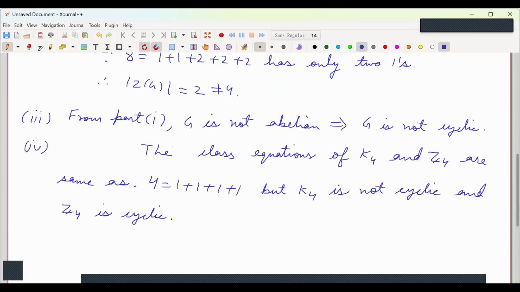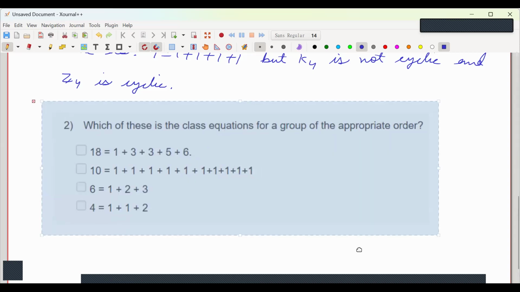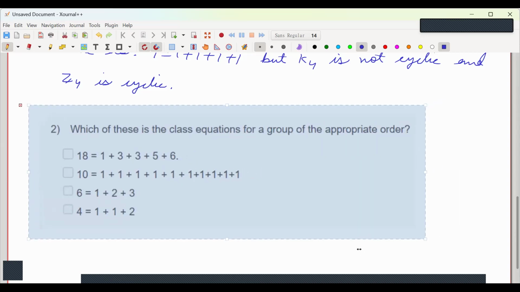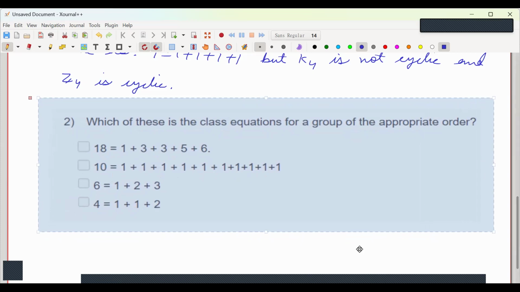Okay, good. So now let us move to the next question. Which of these is the class equation for a group of the appropriate order?